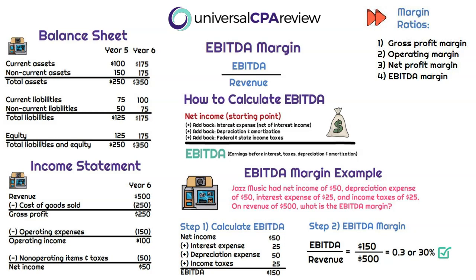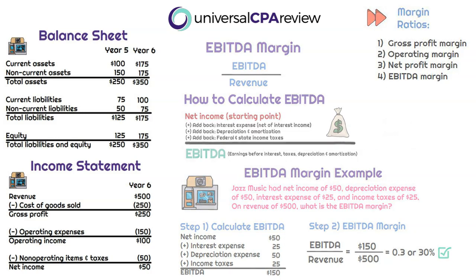Not super difficult, but you do need to remember all of the components of EBITDA. Then take EBITDA of $150, divide that into revenue of $500, and that tells us that our EBITDA margin is 0.3 or 30%. So for every dollar of revenue, we're earning EBITDA of 30 cents on that dollar.